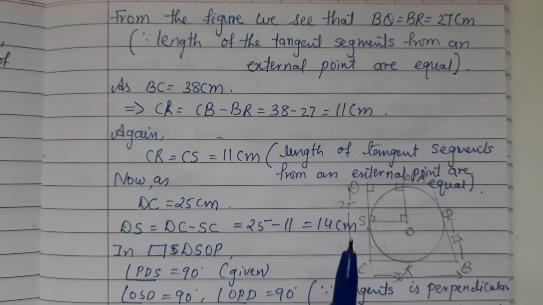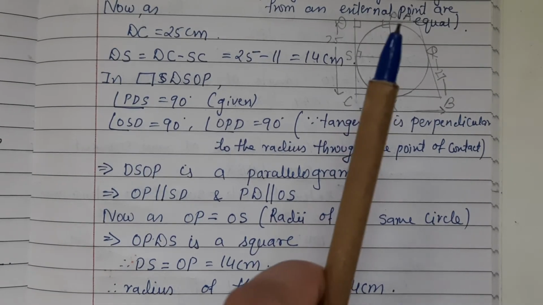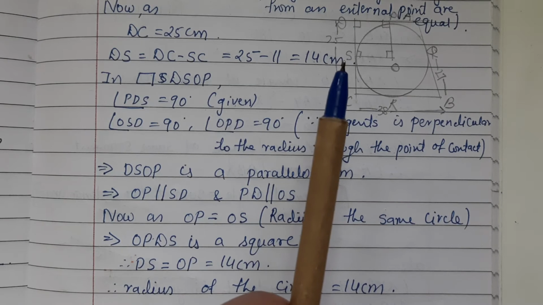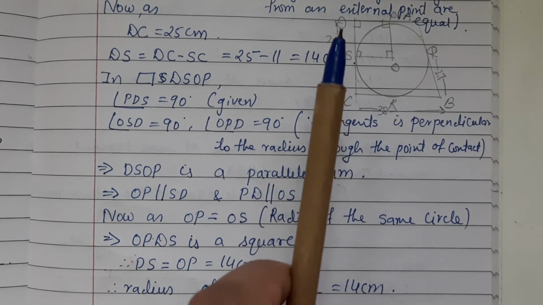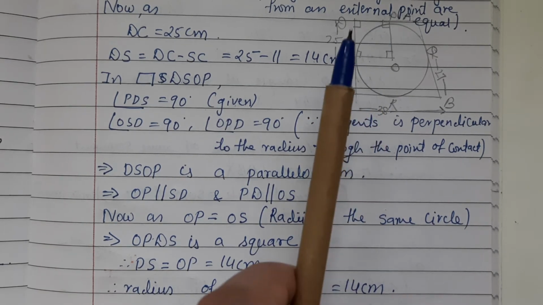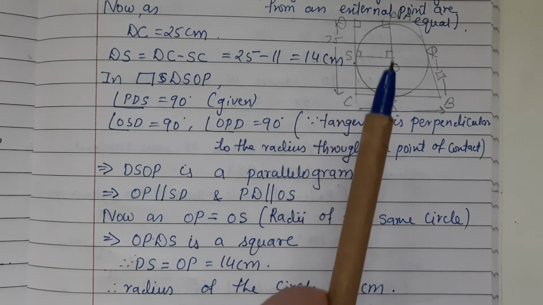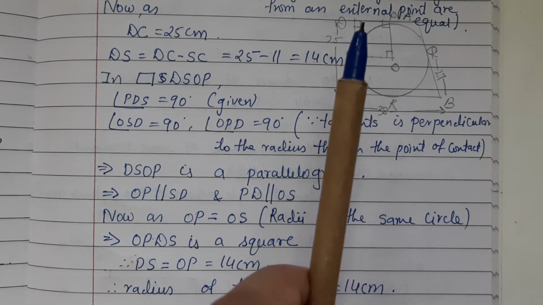Now DC is 25 centimeter, therefore DS is equal to DC minus SC, which is equal to 25 minus 11 equal to 14 centimeter. In quadrilateral DSOP, angle PDS equal to 90 degree, angle OSD equal to 90 degree, angle OPD equal to 90 degree.